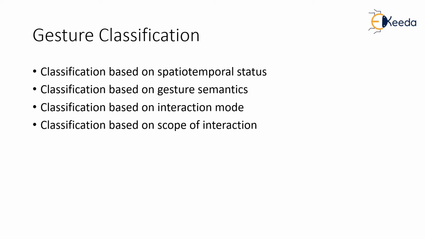Gesture recognition technology is mainly categorized into gesture recognition based on wearable sensor devices, gesture recognition based on touch devices, and gesture recognition based on computer vision. In the upcoming slides, we will be looking at the details of the gesture classification.